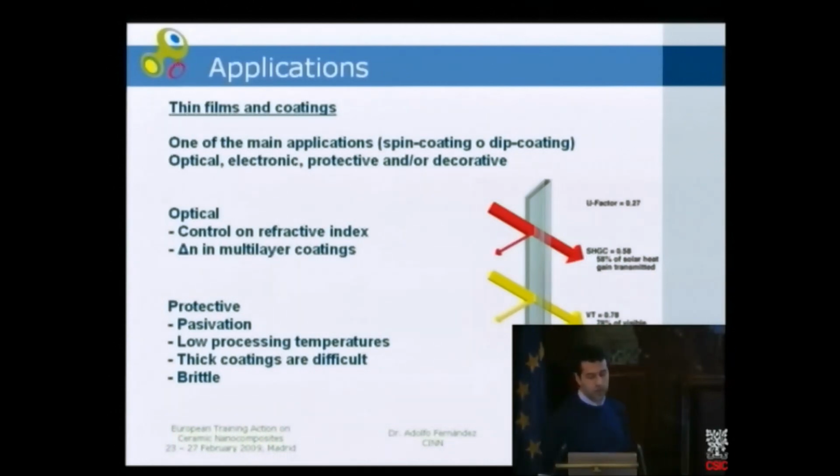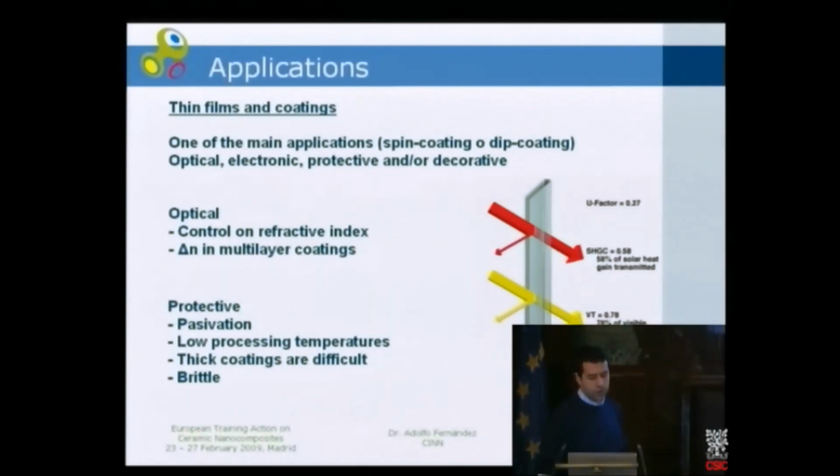And these coatings are normally obtained for optical, electronic or protective applications. In the case of optical applications, it's necessary to control the refractive index of the coating. And if they are multilayer coatings, the objective is to obtain a gradient in the refractive index.